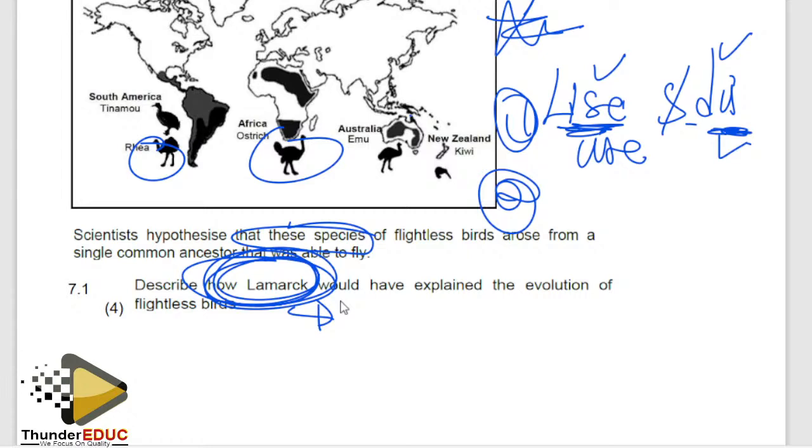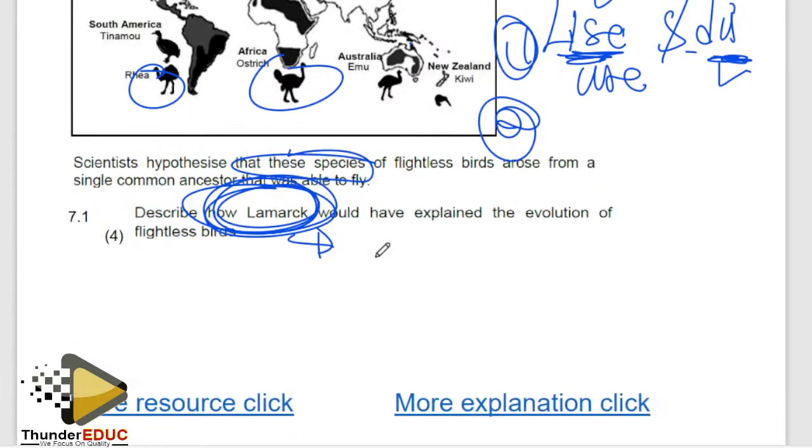So now you talk about the disuse. They reduced how frequently they were using their wings to fly. You understand? And then the wings maybe became smaller. Is it clear? They became smaller and weaker maybe. And then they couldn't fly.